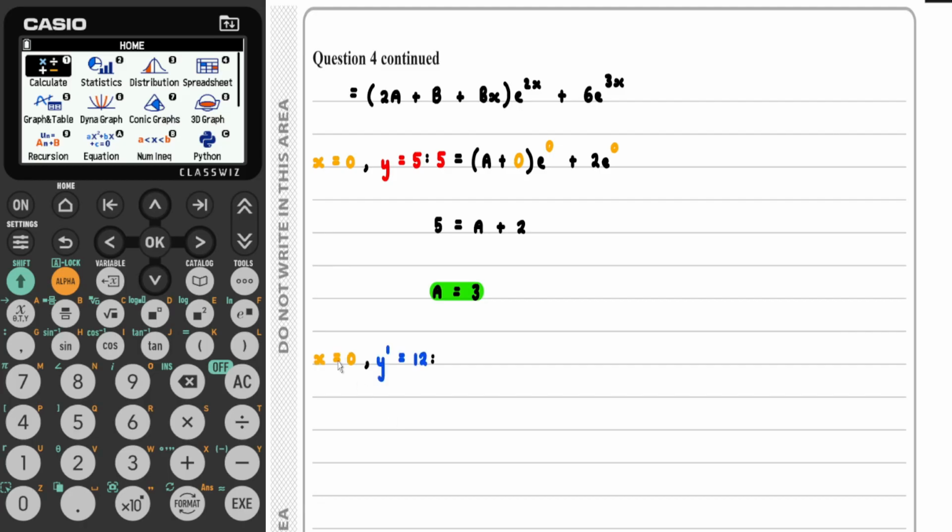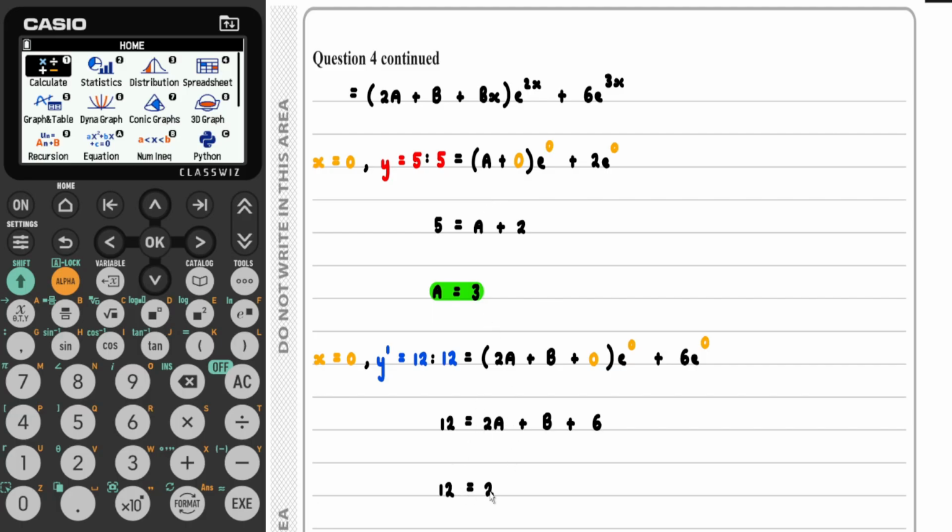And we also know when x is 0, y dash is 12, so we substitute that into here. We have 12 equals 2a plus b plus 0 times e to the 0 plus 6e to the 0. So we have 12 equals 2a plus b plus 6, and we know what a is, that's 3.